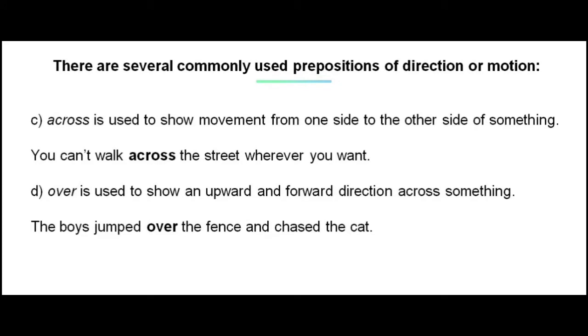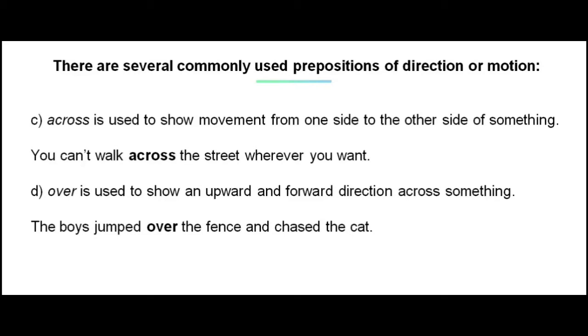C. Across. Across is used to show movement from one side to the other side of something. As in the example below, you can't walk across the street whenever you want, meaning that you can't walk from one side of the street to the other side of the street.